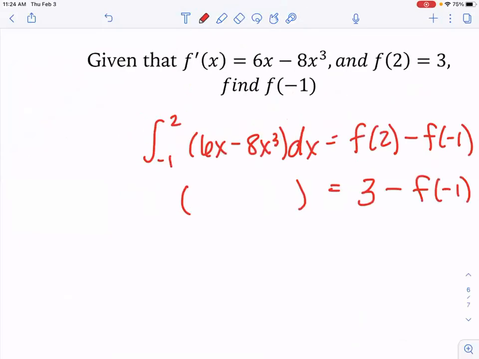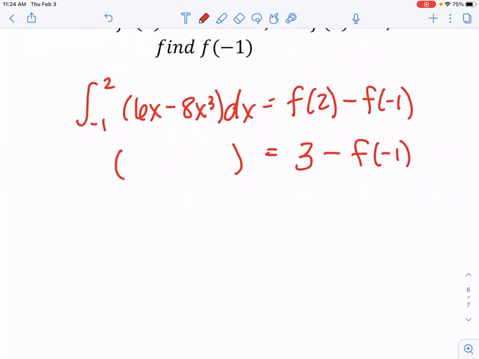Well, if my integral goes from -1 to 2, then I need to calculate f of 2 minus f of -1. So unless you wrote these backwards, then this is how they need to stay for right now. But then we can do some rearranging. Okay, so we have 3x squared minus 2x to the 4th from -1 to 2.